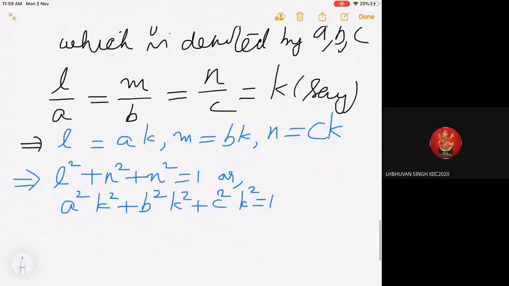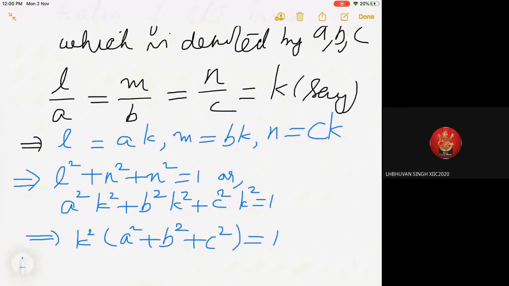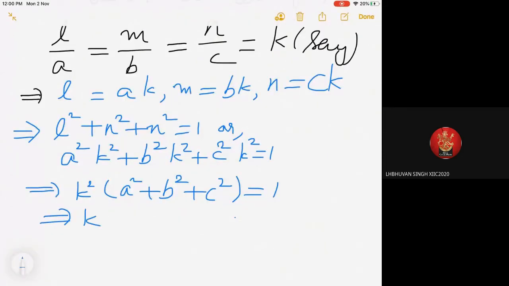And K square can be taken out, and what you get, K square into A square plus B square plus C square is equal to 1, or K equal to plus or minus 1 by root of A square plus B square plus C square.